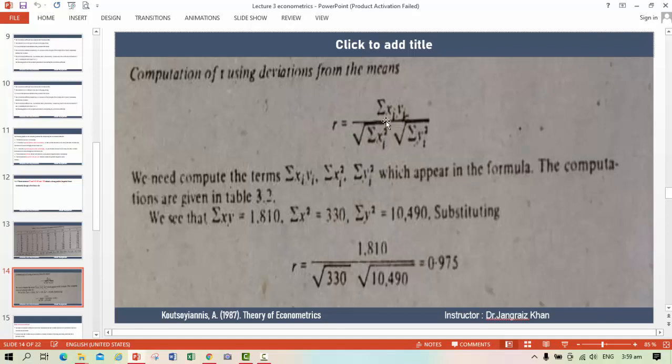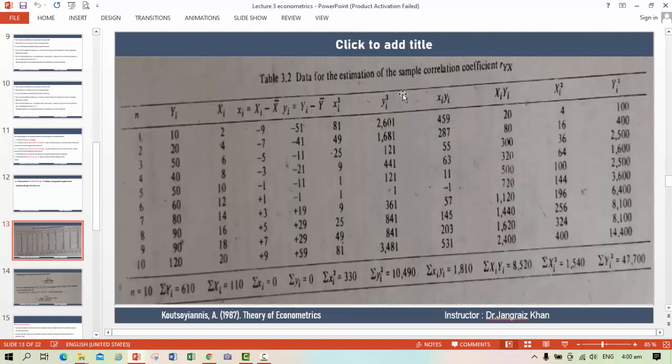So now we have to calculate the value of small x and small y first, then small x square, small y square, and then small xy. So in this table, first we calculate the small x, which is actually capital X minus x bar. So we first calculate the x bar and subtract it from each value of capital X. If we add all the observations of capital X, we get summation x as 110.